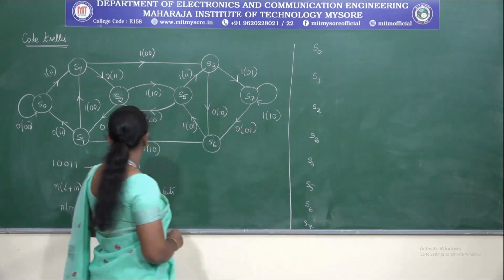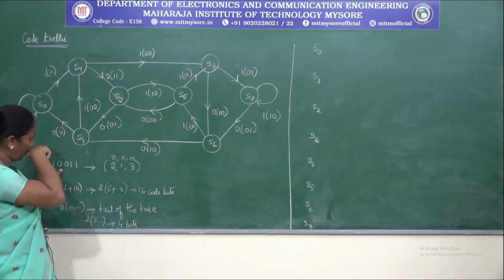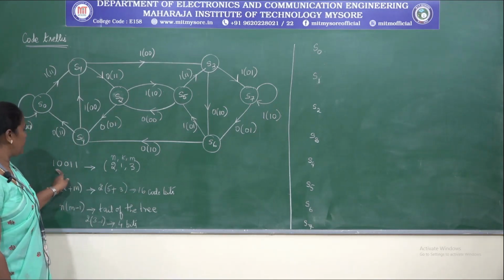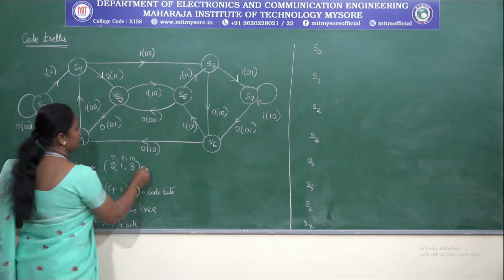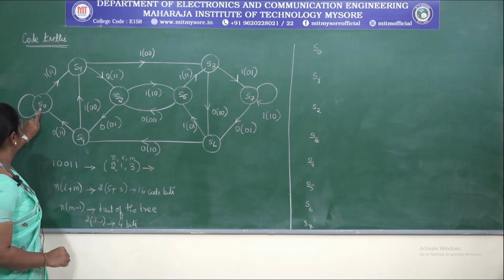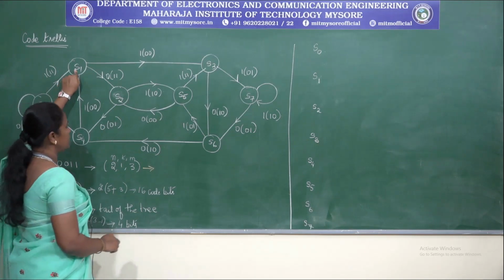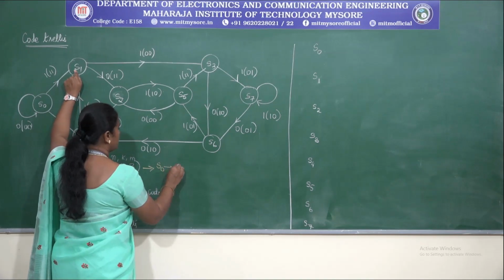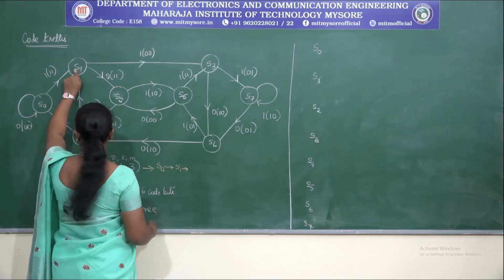Now if we look into the given message sequence, what could be the transition? It starts from 1, that means S0 with input 1 reaches S1.